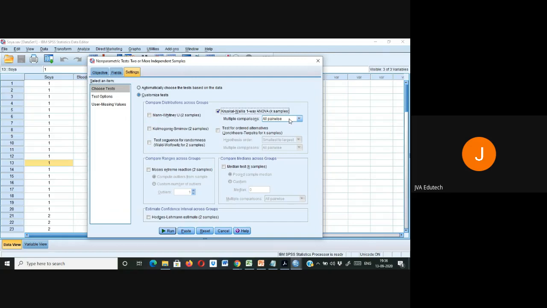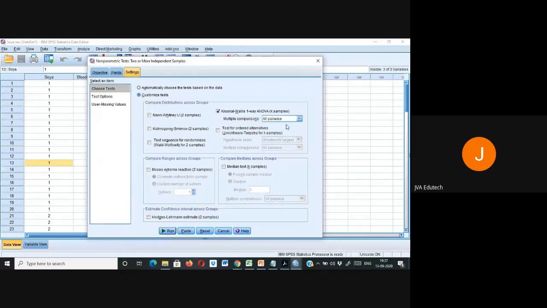Now you are getting the options that we have already discussed. If you choose none, it won't tell you how much difference there is between the groups. So you have either the pairwise or step-down method.